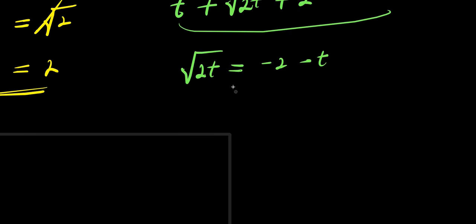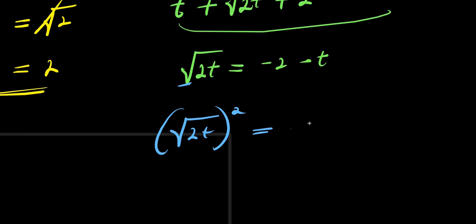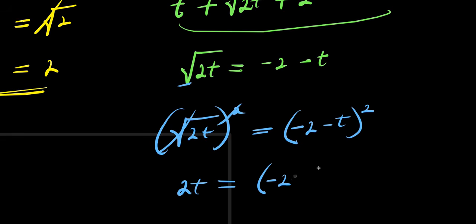So we can take the squares of both sides of this equation in order to eliminate the square root. We have square root of 2t raised to the power of 2 equals (minus 2 minus t) raised to the power of 2. Please cancel this. We have 2t equals (minus 2 minus t) times (minus 2 minus t).